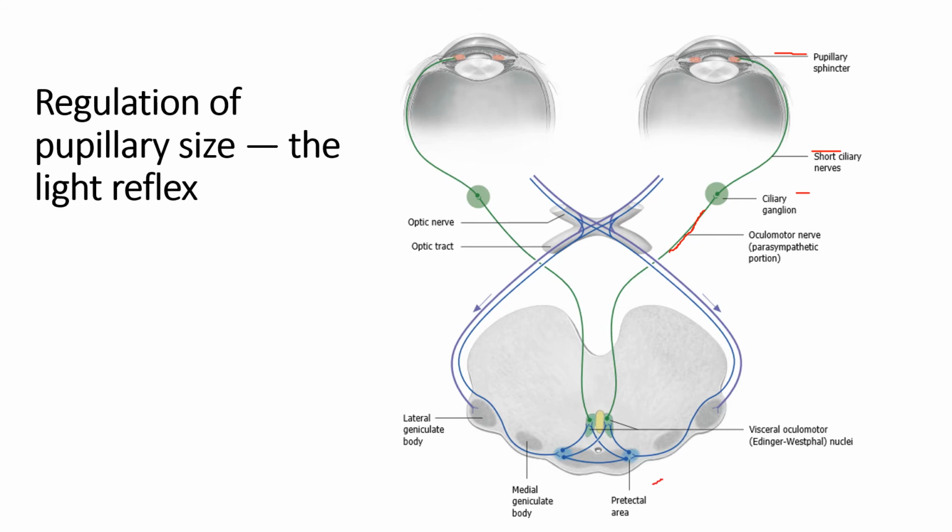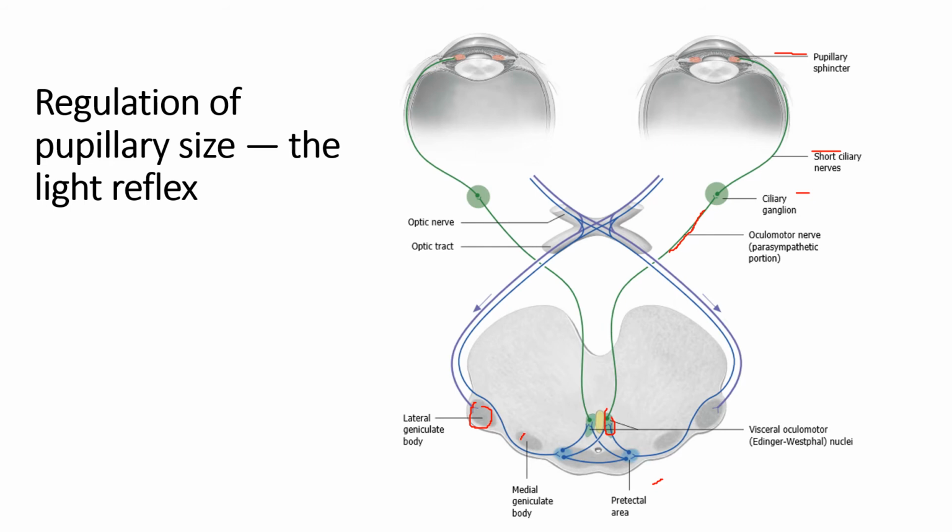You can see the pretectal area here. Here's medial geniculate, that's for hearing. Lateral geniculate's part of this visual pathway here. And there is our visceral ocular motor, or our Edinger-Westphal area right there.